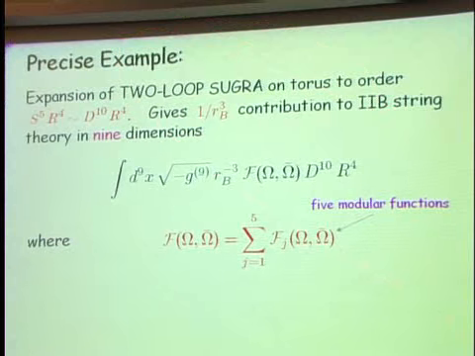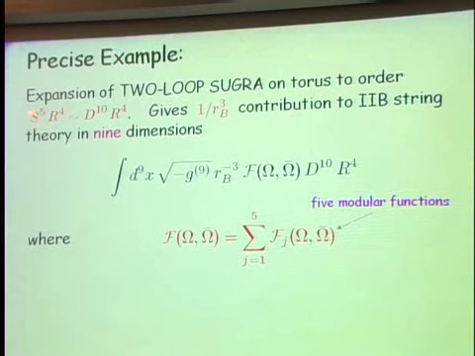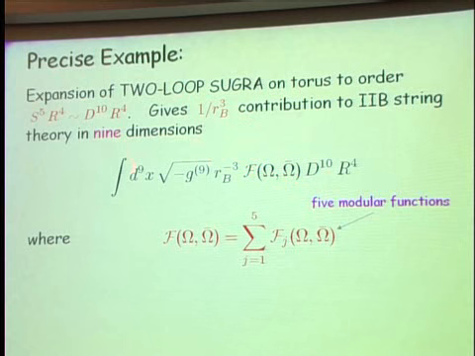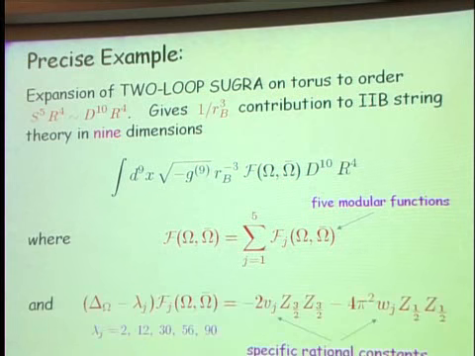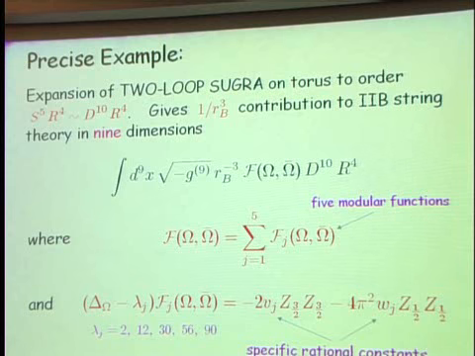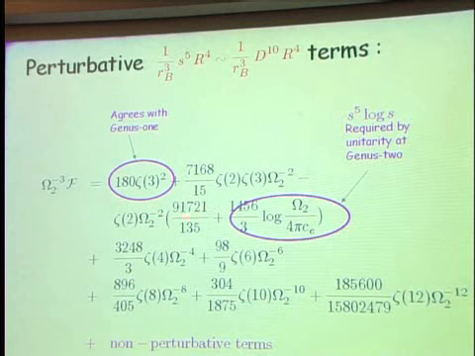One particular term I pick out is at order d to the 10th after the fourth, or in the amplitude an s to the 5 term, which is not something that survives in 10-dimensional type 2B theory because it's got 1 over r cubed in it. But nevertheless, it's given by some modular function f, which is a sum, in this case, of 5 different functions which each satisfy Laplace equations with sources. There are 2 types of sources, and you can work out the perturbative content, and to the extent that we can check anything, which is rather limited here, it agrees with exactly what one would expect.